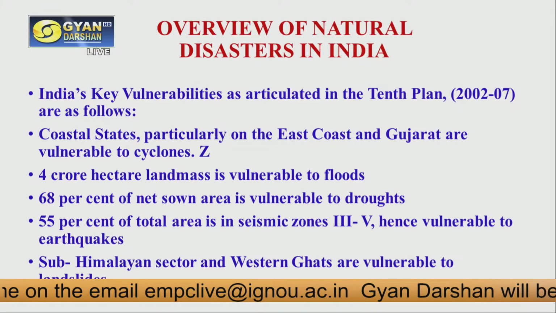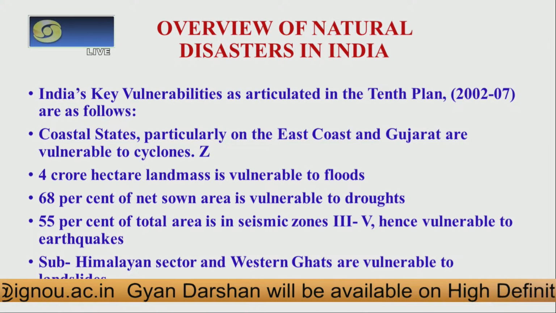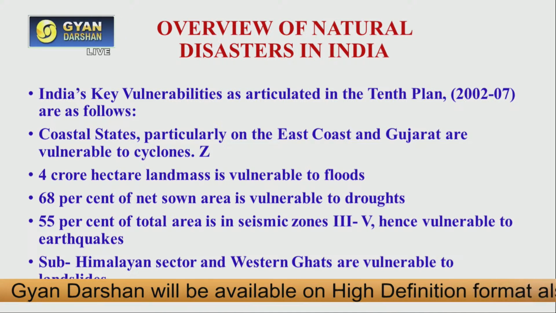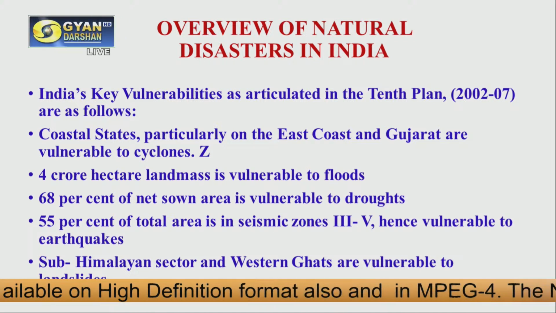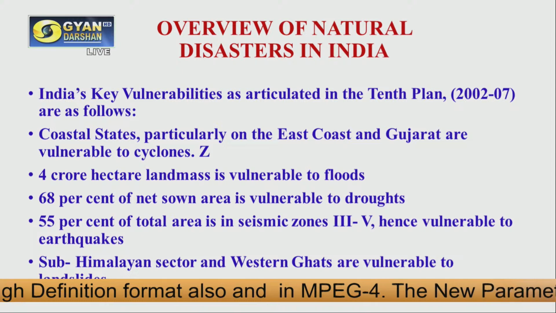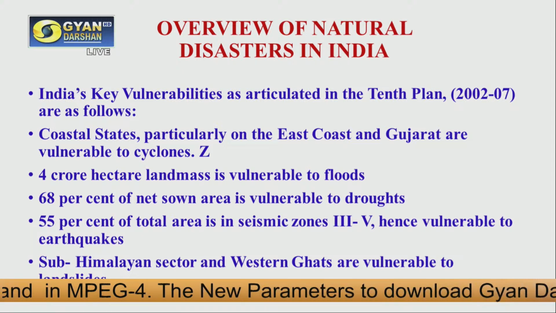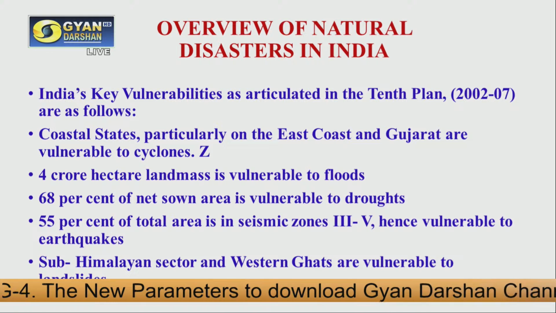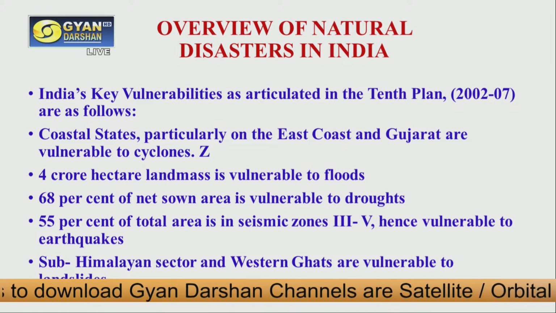Then 55% of the total area of the country is in seismic zone 3 to 5. It's a large area. Hence, a large part of the country is vulnerable to earthquakes. Then the sub-Himalayan sector and Western Ghats are vulnerable to landslides.